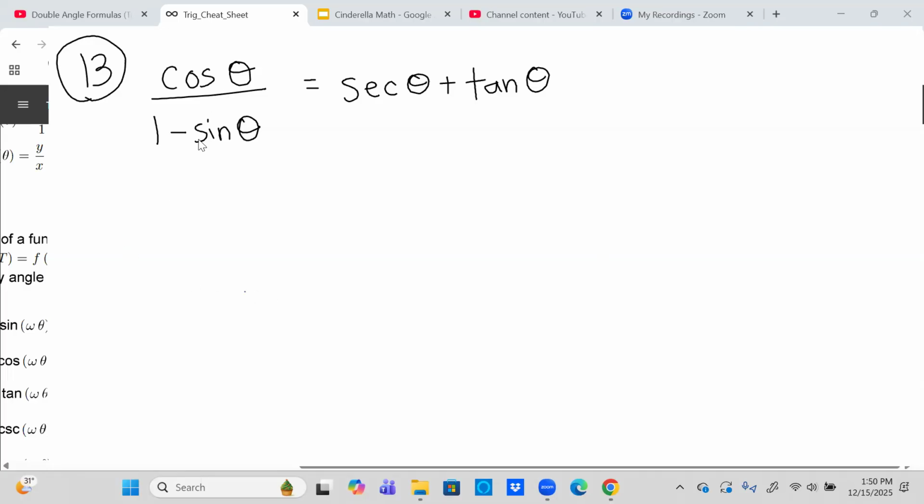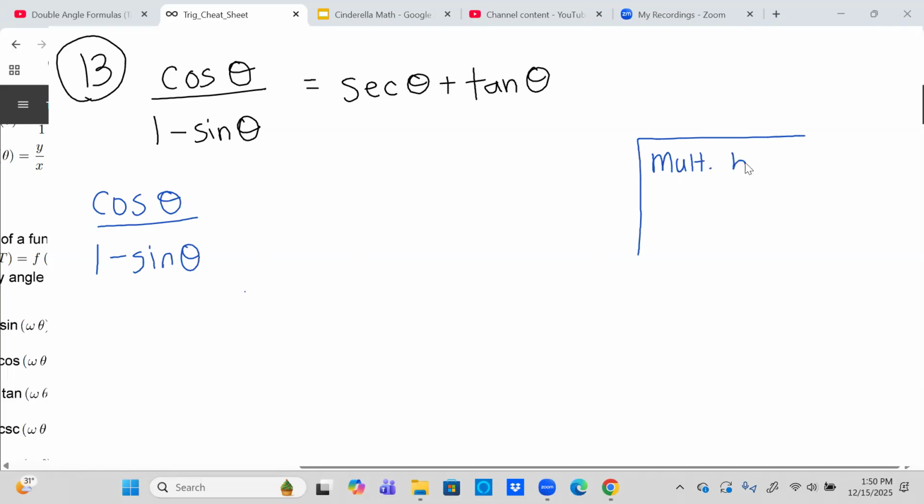So just looking at our left-hand side, and you might be saying, well, hey, it's just one fraction. Like we don't even need a common denominator. This is going to be a new strategy that we have not used, and it's going to be called multiply by the conjugate. And again, you might have heard of the conjugate before.